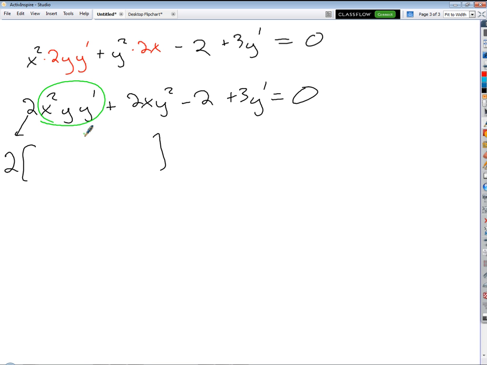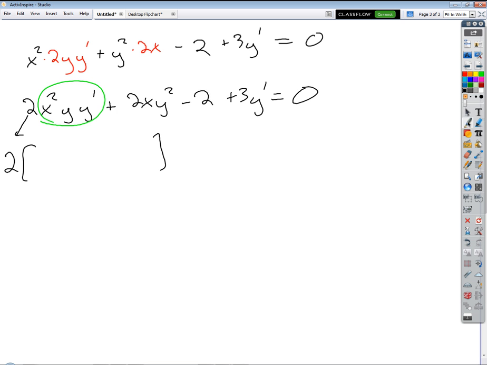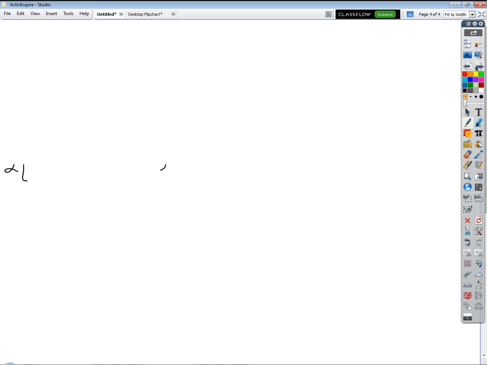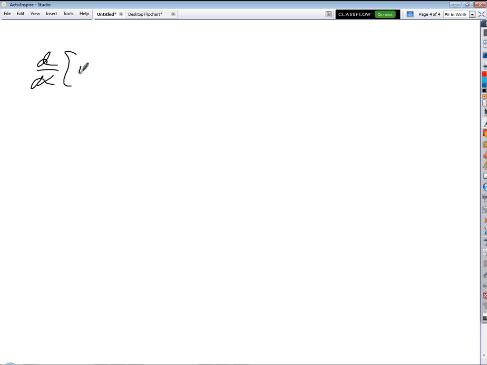There is an extended product rule though, it's not a big deal. It's exactly what you think it is. What do you think the extended product rule is? If I have something like this, for example, the derivative with respect to x of u v w, what do you think it is?